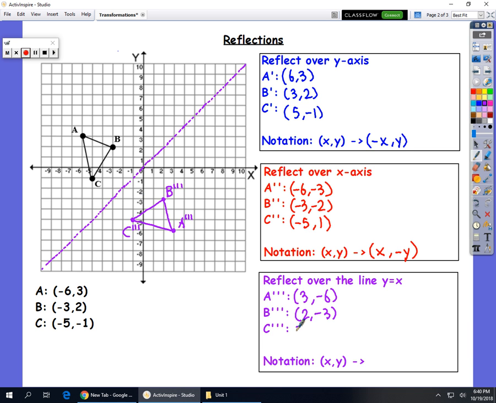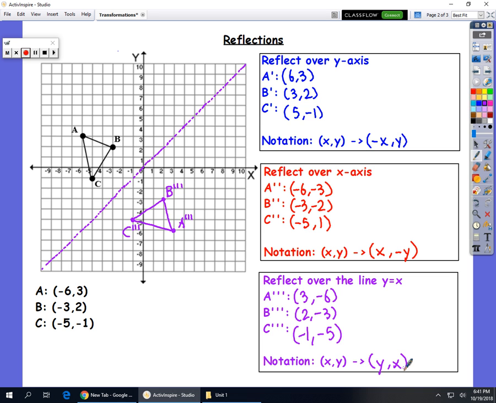Negative 1, negative 5. All right, let's compare the original points. Well, the x and y values have completely switched. X is now y, y is now x. So that is reflected in our coordinate notation. x, y is changed to y, comma, x.